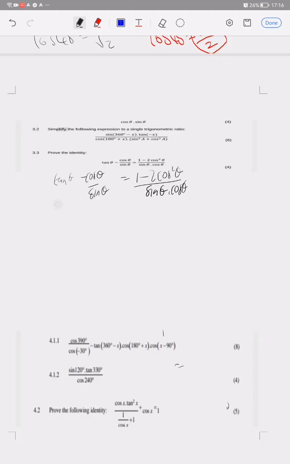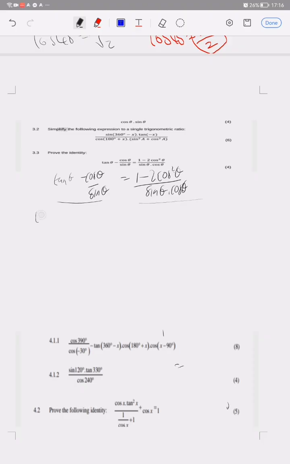So I have the left hand side and the right hand side. On the left hand side, I know I can change tan. Usually you choose the one that seems complicated.